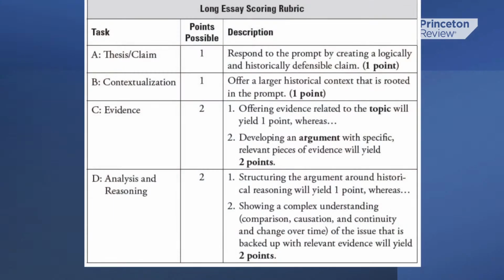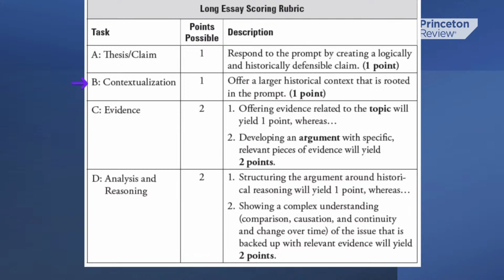So looking at the rubric for the long essay, it's very similar to the last one. You earn a point for a clear and historically defensible thesis. Again, put that thesis in paragraph 1 so that it's obvious to the grader. Always do some contextualization.